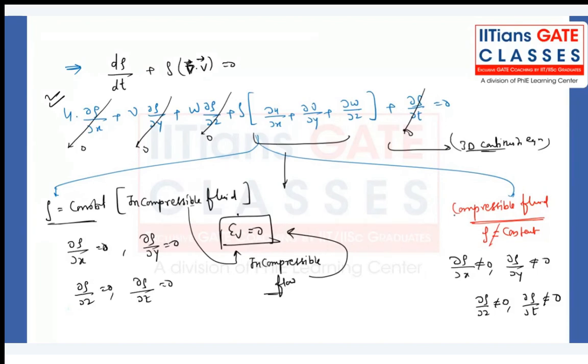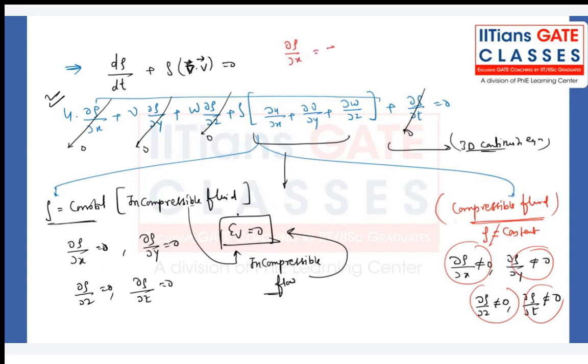Now, here understand, suppose I'm taking the same equation. In this same equation, if these terms are not equal to 0, there may still be a possibility that a compressible fluid can give incompressible flow also. Under what conditions? Suppose dou rho by dou x is, let's say, plus 5, dou rho by dou y is minus 5, dou rho by dou z is plus 2, and dou rho by dou t is minus 2, for example.